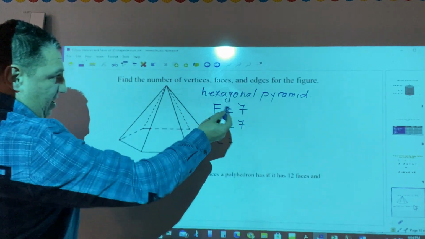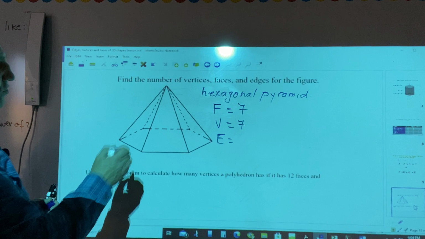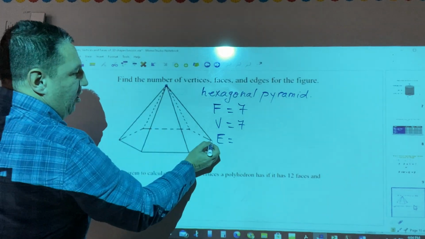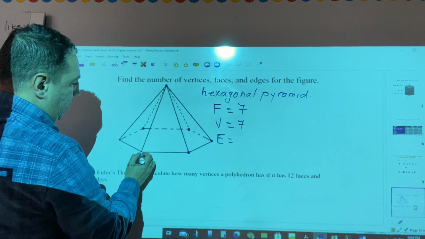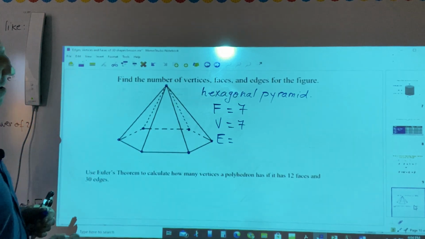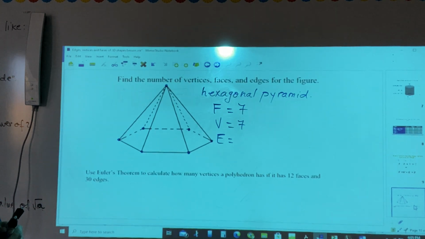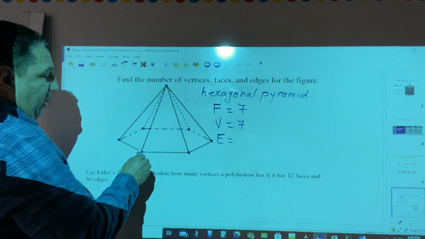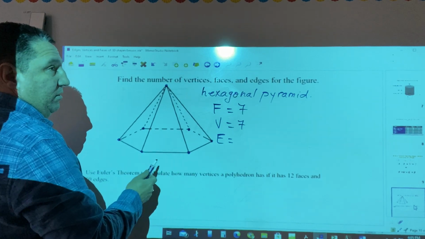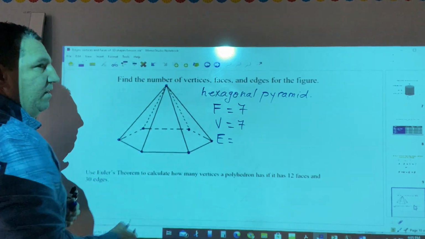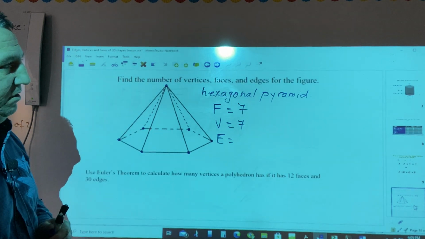In this case, the number of faces equals the number of vertices. Vertices are all these points. Faces are all flat surfaces. Now, edges. Edges are the sides of the hexagonal pyramid.